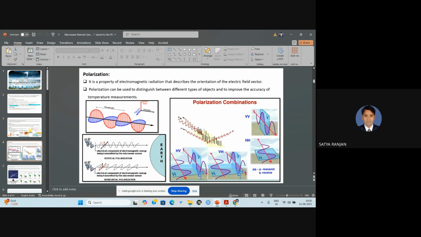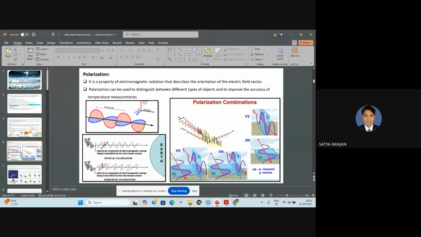If the incident wave is horizontal, then the radiation comes back vertical, so this type is called HV polarization, incident and backscattered. The term reflected is not used in microwave remote sensing because it is backscatter: specially created EMR which is backscattered from a particular object to gather information about these features at a specific angle.